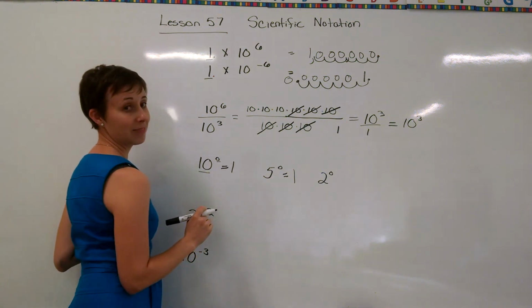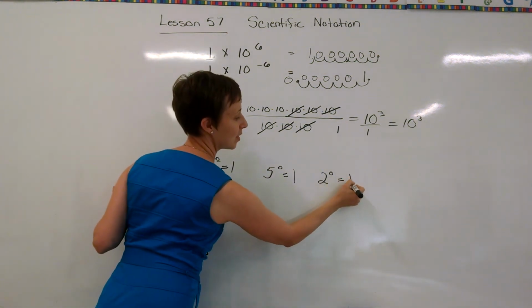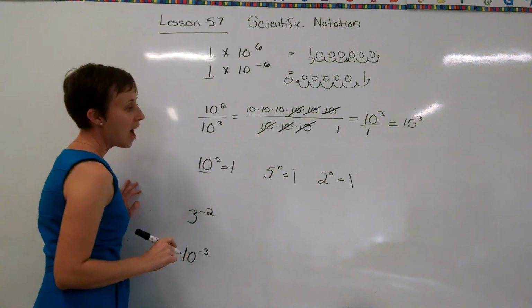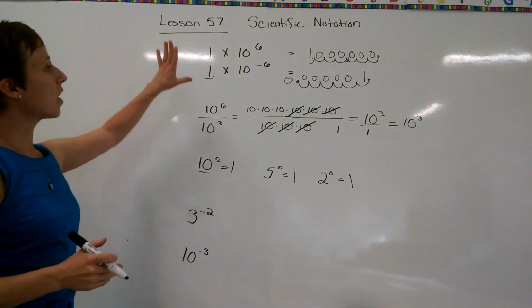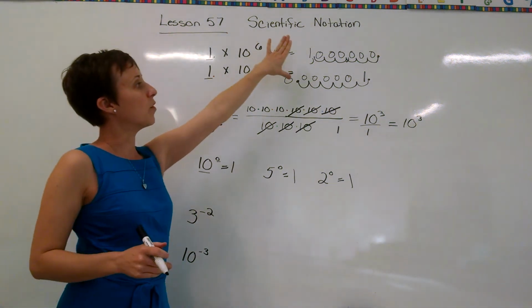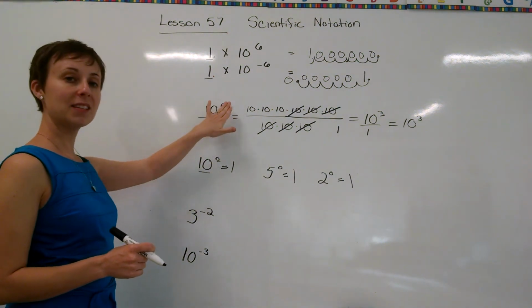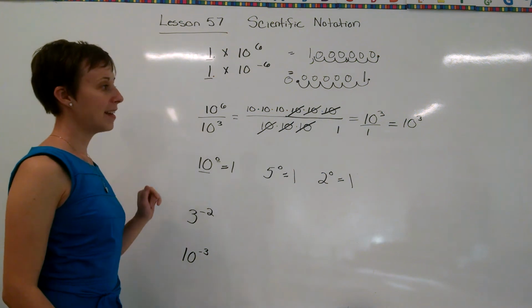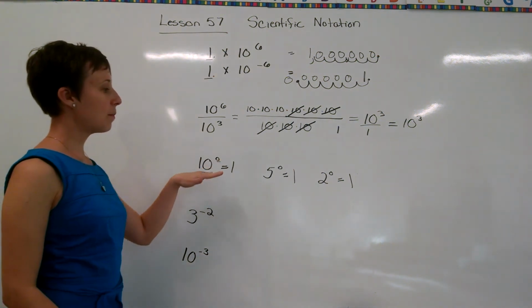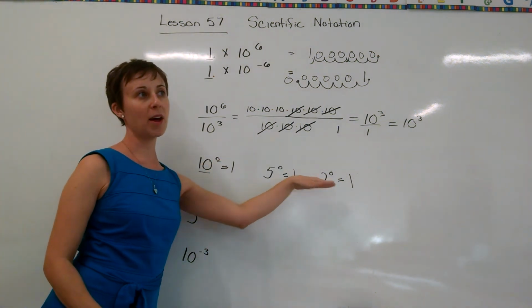And 2 to the 0, as you've already guessed, is 1. Last ways to play with our numbers today. So we've talked about scientific notation, where we move our decimals. We've talked about being able to subtract our exponents if we have the same bases and we're dividing. And we've talked about numbers to the 0 power equaling 1.